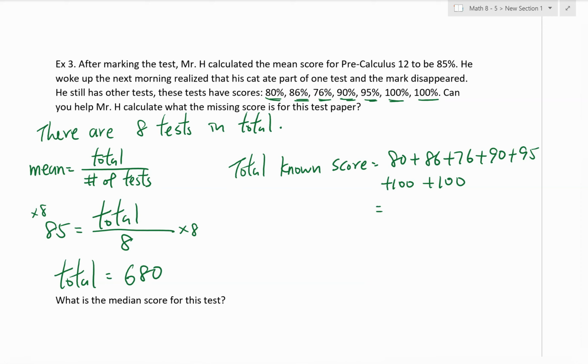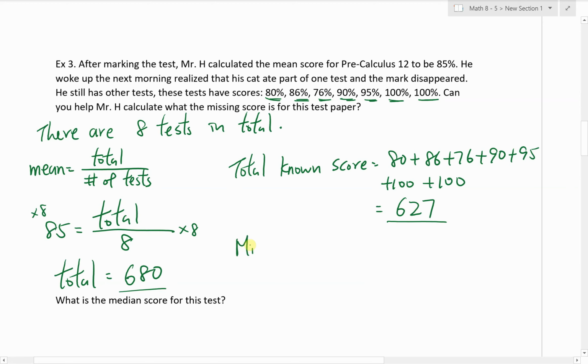Okay, but anyways, let's take a look. It's 180 plus 186 plus 76 plus 185. If you put this into a calculator, you get 627. So the total known score is 627, and we know that the total score will be 680.